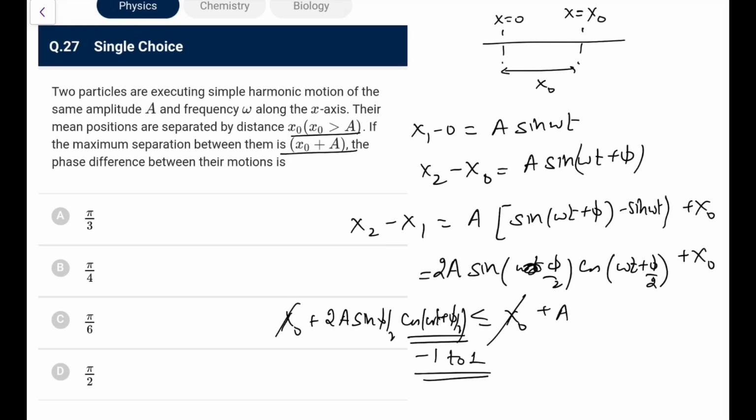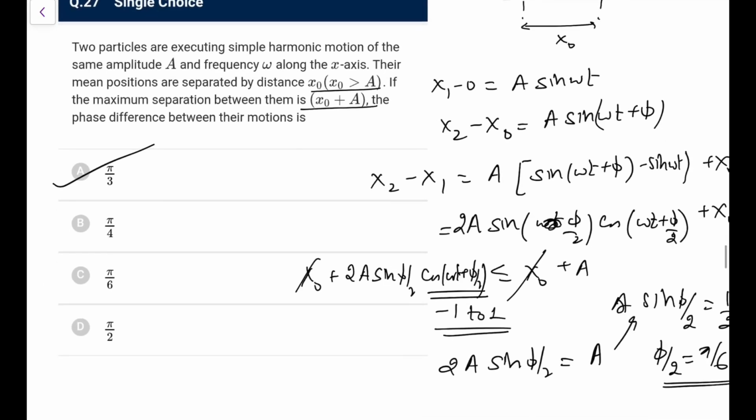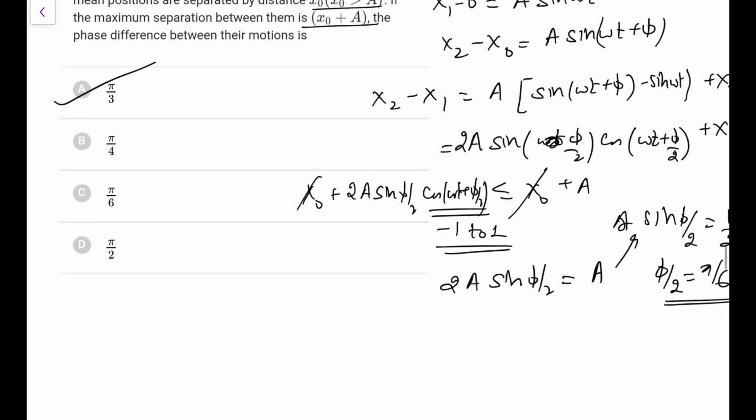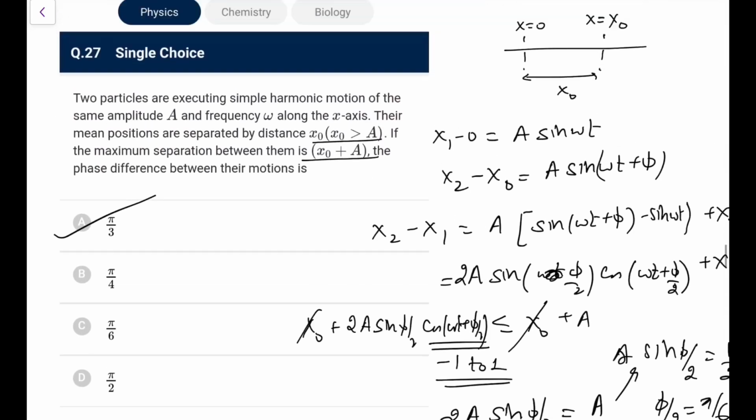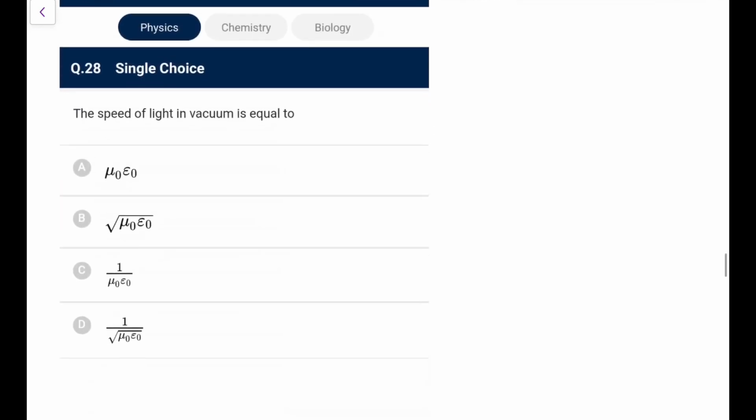So in the limiting case, the maximum value is 2A sin phi by 2, and that should be equal to A. That means sin phi by 2 comes out as 1 by 2, and we know that is so for pi by 6. That means phi should be equal to pi by 3. Go for option A in this particular case. That is going to be the answer. Don't try to judge it by approximation, do it mathematically, then only you will get the answer.